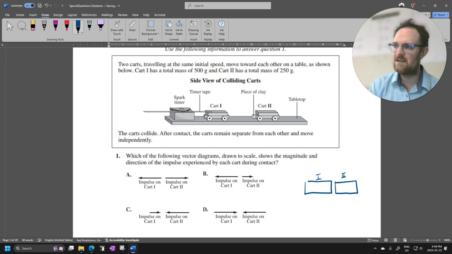So cart 1 hits into cart 2 and pushes with this action force, which is cart 1 on 2, right? And then cart 2 pushes back because it doesn't want to move, right? That's Newton's first law. But Newton's third law says that it's going to push back with the same force, but in opposite direction. Okay, so now we know this is just Newton's third law.